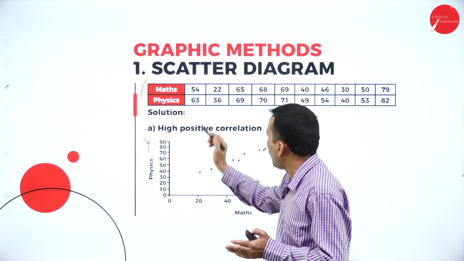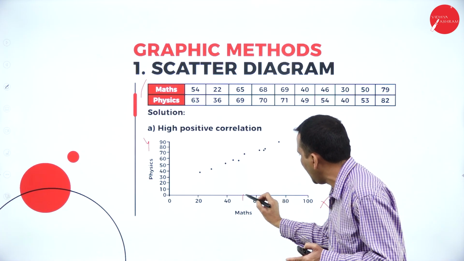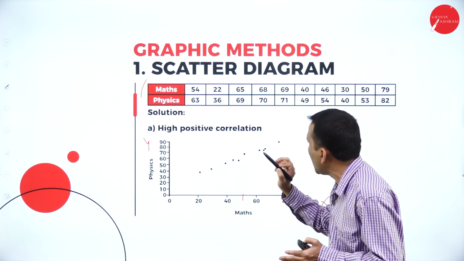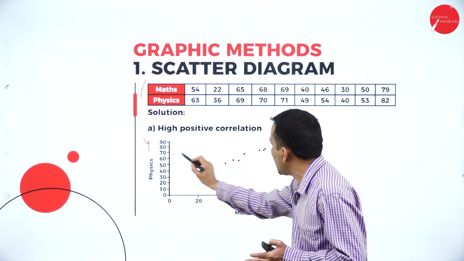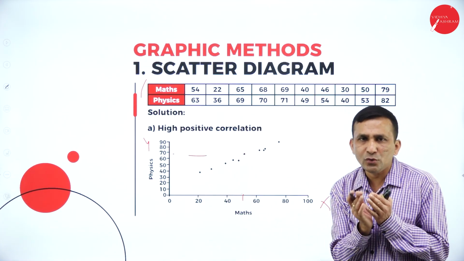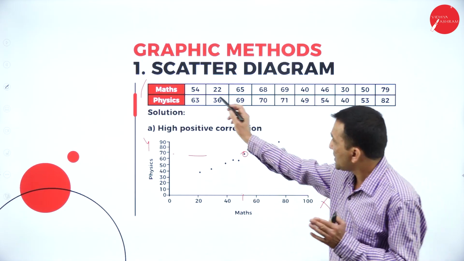So the first is 54. Max 54, which is something like 55 here, 54 somewhere here, one dot, and opposite it the chemistry value 63, which is here. Exactly, but if you are using a graph, you can locate the intersected value.